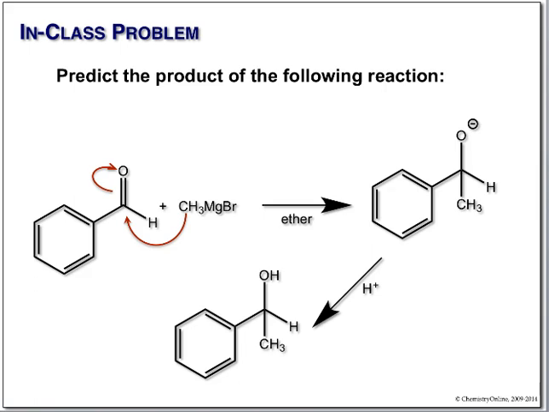So how long is our parent chain? It's 2 carbons. 1, 2. Right? This is a phenyl substituent, right? So the phenyl group is attached to carbon 1. This would be 1-phenyl ethanol.